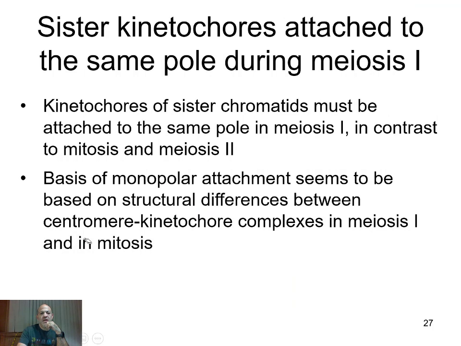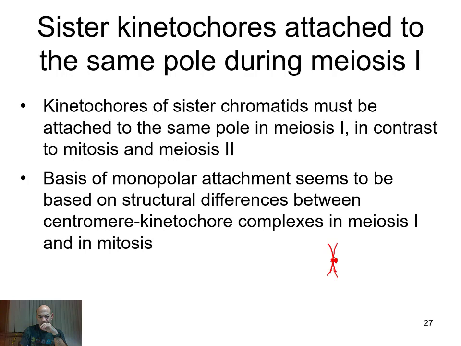So looking at now the kinetochores for sister chromatids, those are going to attach to the same pole during meiosis. So again, I'm just going to draw one pair. If this is mitosis, there's a kinetochore for each sister chromatid, one on each side.